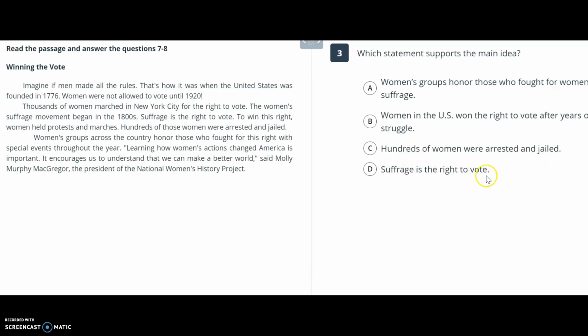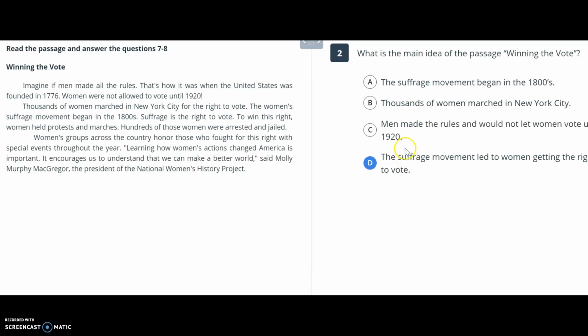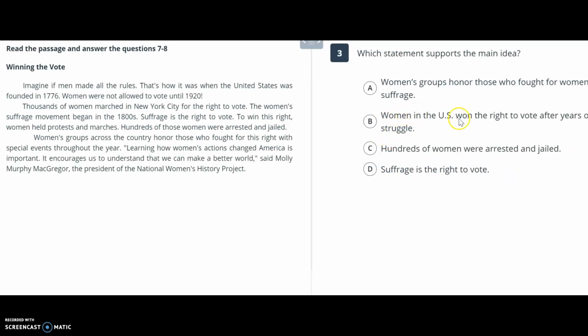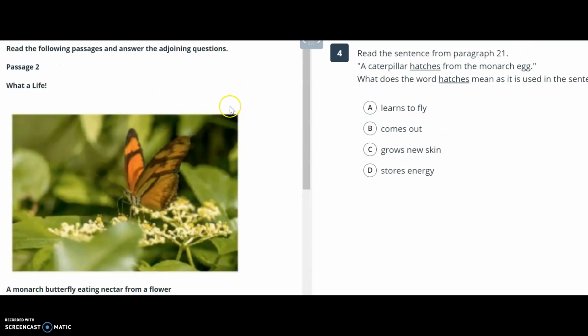Or that suffrage is the right to vote? Which supports the main idea? Now, support that women's suffrage led to women getting the right to vote. That women won the right to vote after years of struggle. So our answer is B.